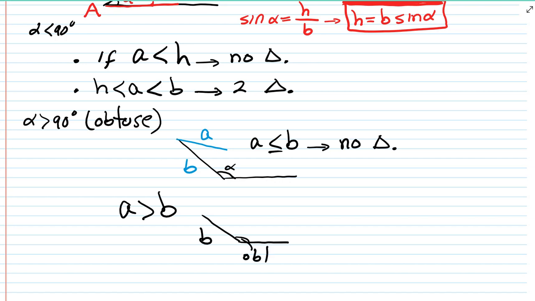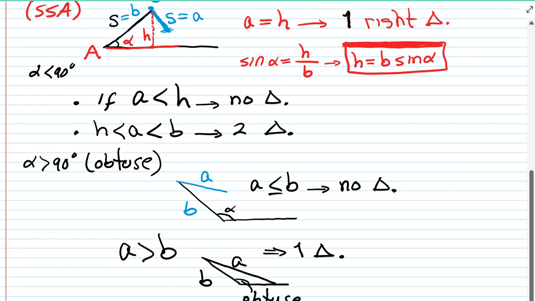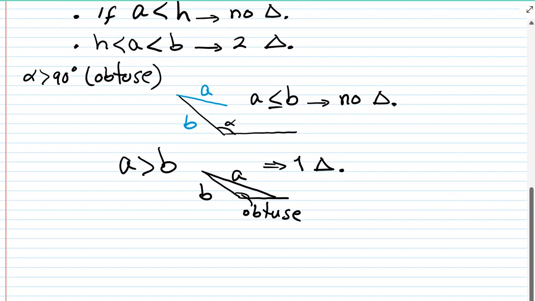A is greater than B. There, now it is possible to close the region and have a triangle. This one yields one triangle. See how many possibilities? There are 5 possibilities here. Right triangle, no triangle, 2 triangles when alpha is acute. And then in the case of alpha being obtuse, we have these 2 possibilities.